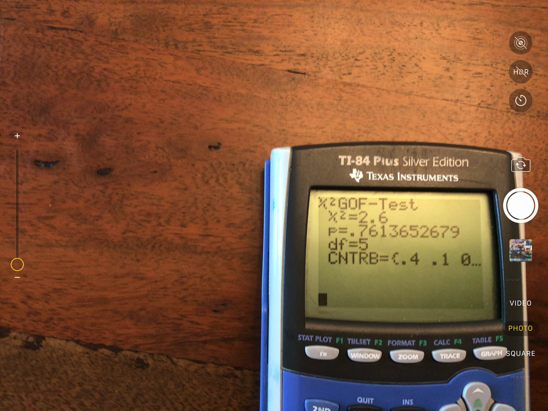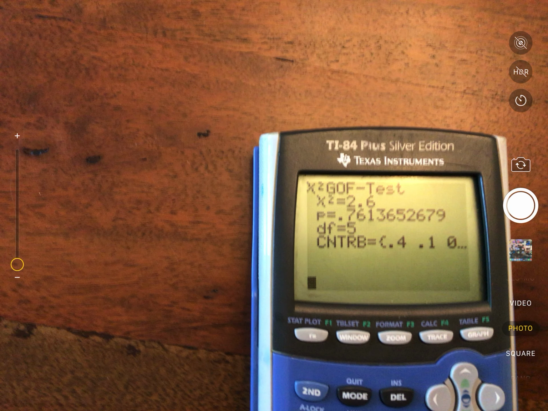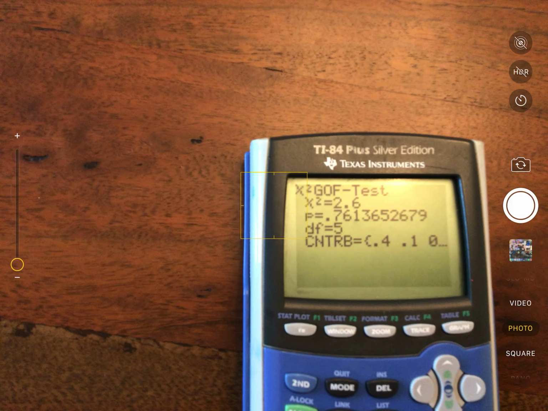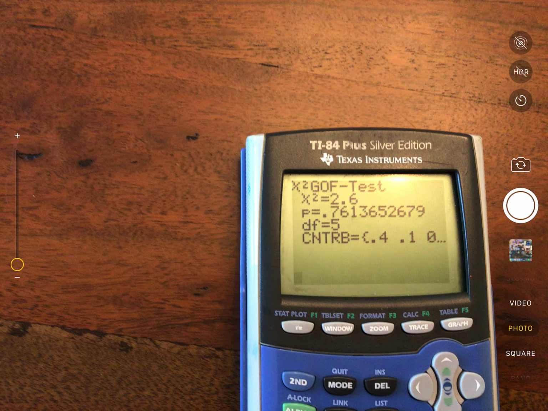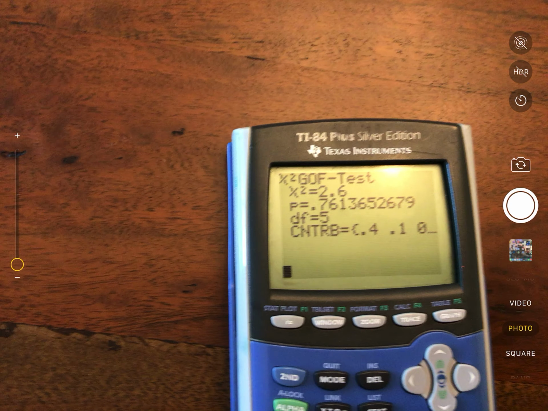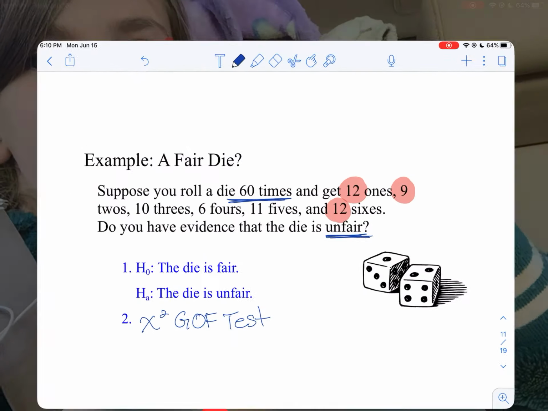And so we can calculate this. You can draw it if you want to see what the graph looks like. But right there, I got a chi-square value of 2.6 and a p-value of about 0.761, okay?